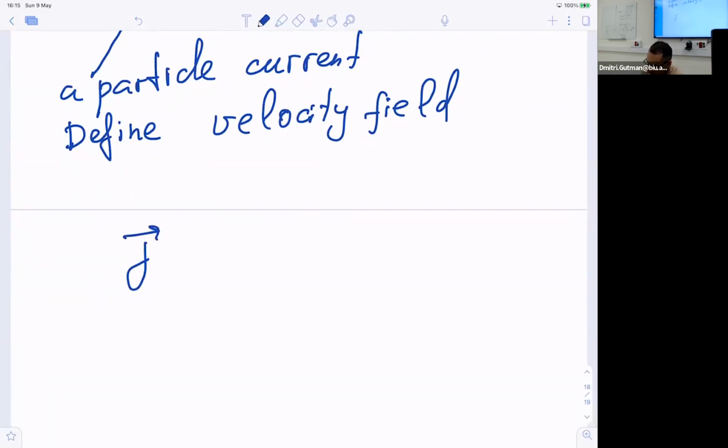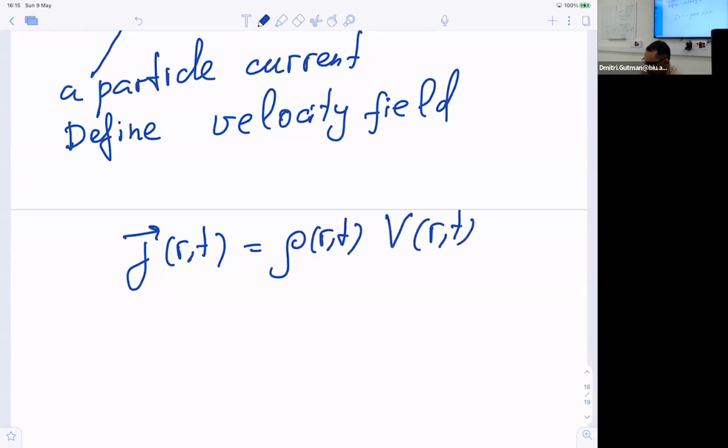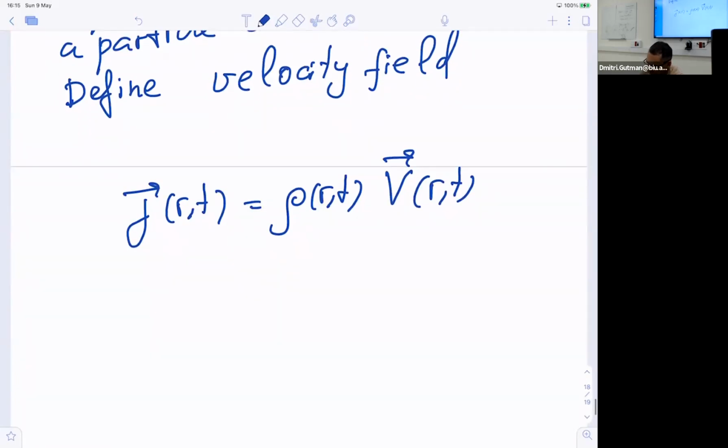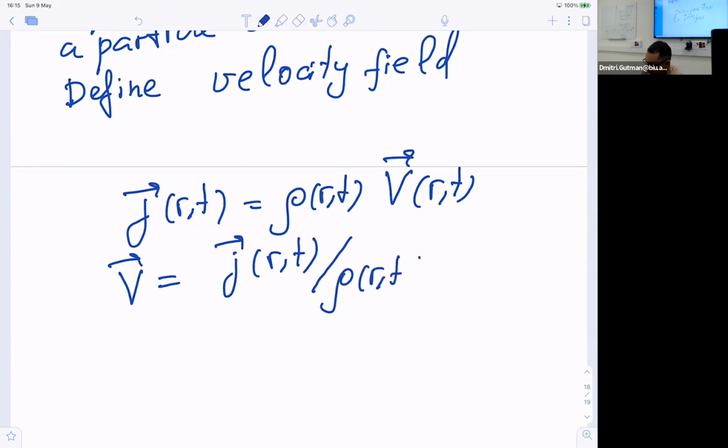I'm writing the current operator as a function of r and t is equal to the density as a function of r and t times the velocity as a function of r and t. This is, for me, a definition of velocity.